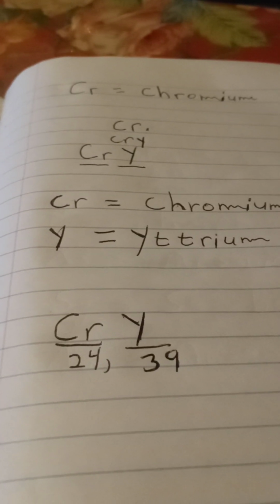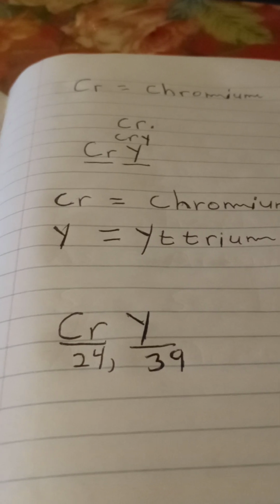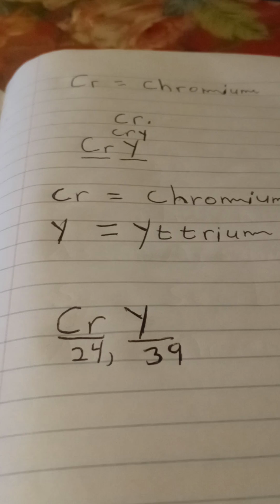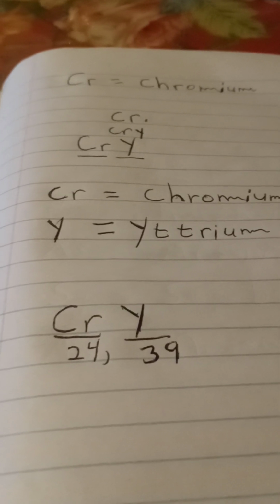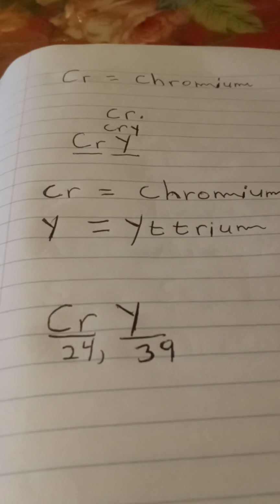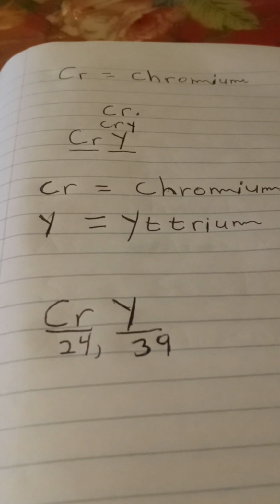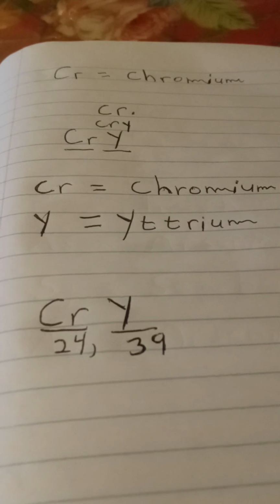If you take the easy way out, or rather the less laborious way, and just say capital C and r is for chromium, in the future you will not remember that. It will slip your mind.